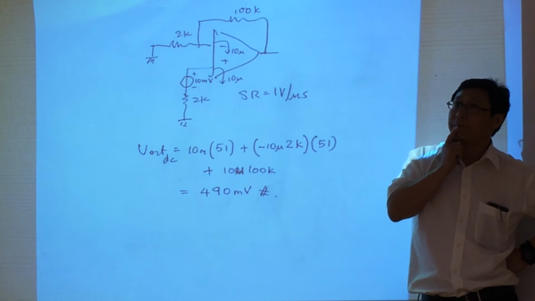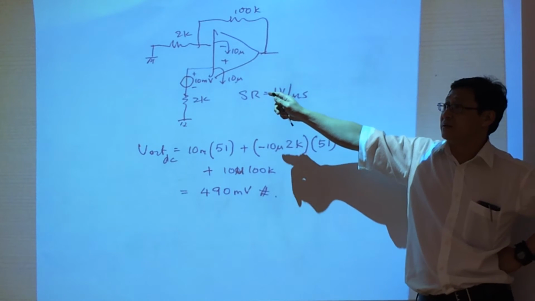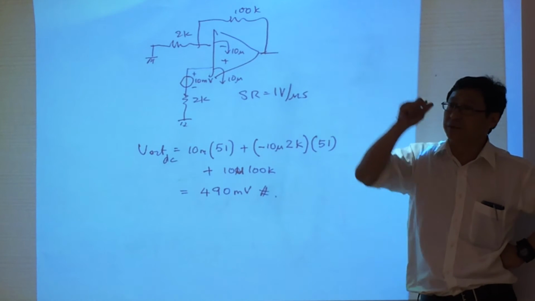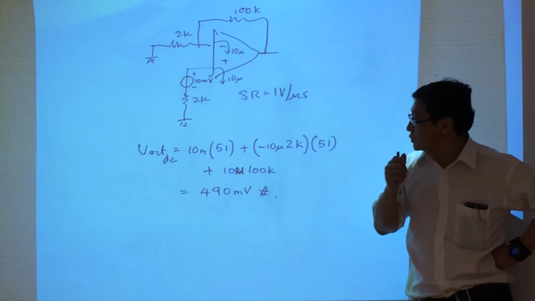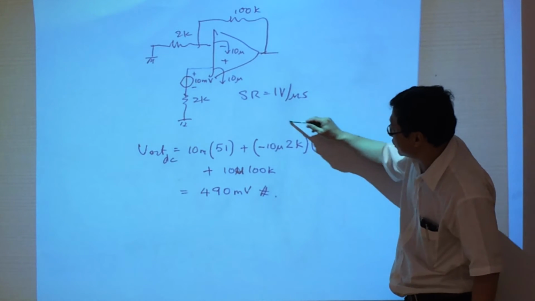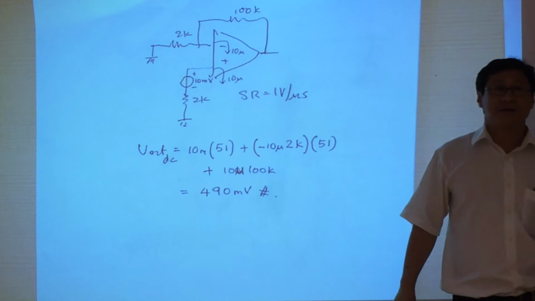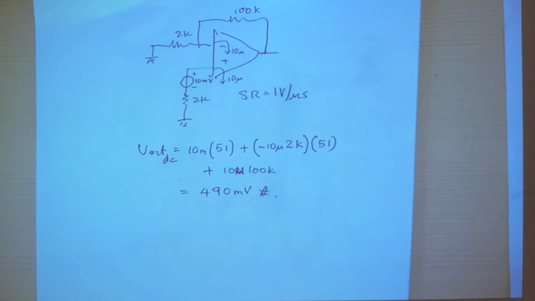If there is no input offset, if I remove the 10 millivolt, so I remove this term. One term will be negative, one term will be positive. What is the voltage at the output?